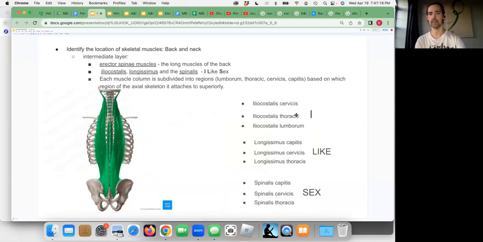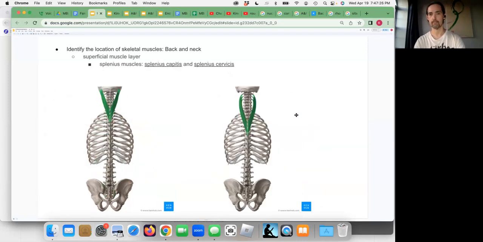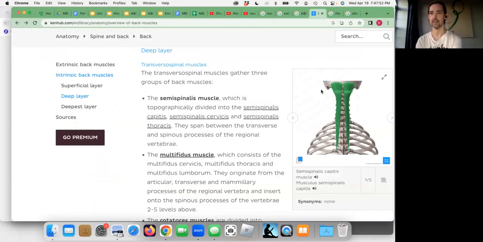So in the spinalis group, perhaps you can discern that there are capitis attachments here, and then a cervical section, and then around T1 or T2 there's a thinning of the fibers. There's not many spinalis fibers there, and then in the thoracic area, there's a lot of fibers. That's the thickest, actually, and the easiest to discern.